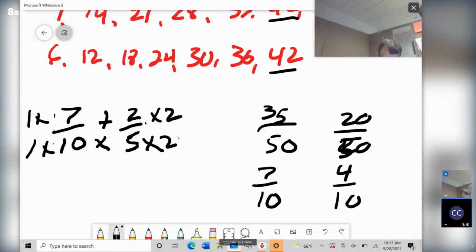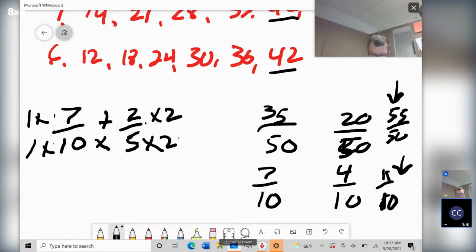So it's going to be 4. So this one's going to give you 55 over 50. And this is going to be 11 over 10. And these fractions are exactly the same. So 55 over 50 is the same as 11 over 10.